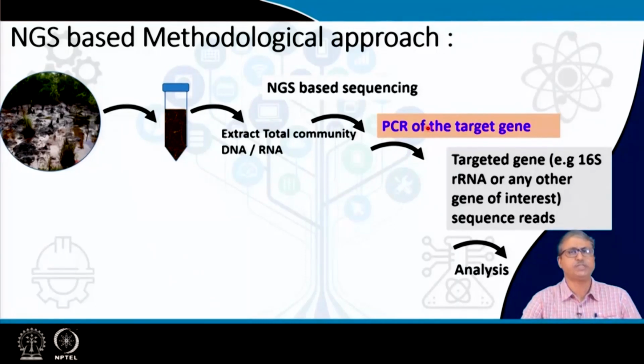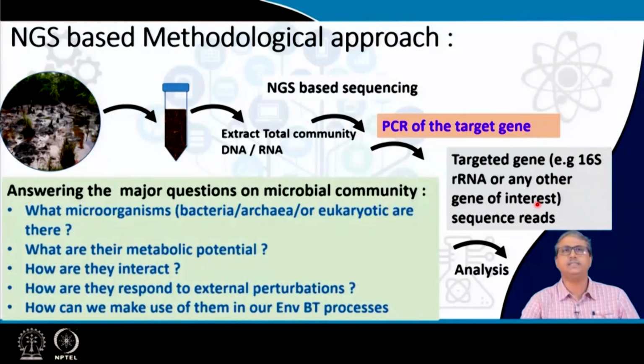So, a set of specific primers, often for the 16S ribosomal RNA gene or some other gene of interest, the functional genes, and essentially we were analyzing the data to answer the major questions: what microorganisms are there, what is their potential, how do they interact, how are they responding to external perturbations, and how can we make use of this knowledge about the organisms present in our environmental biotechnology process. But is it enough?